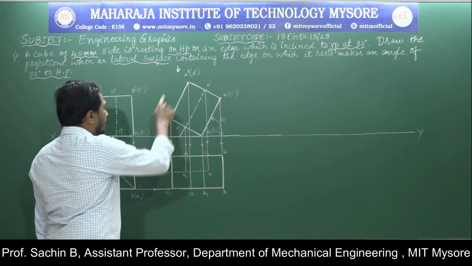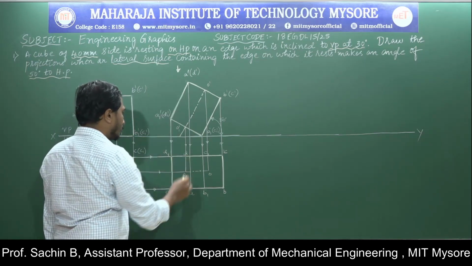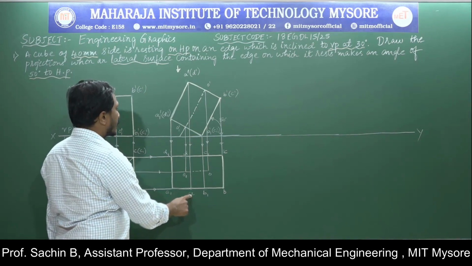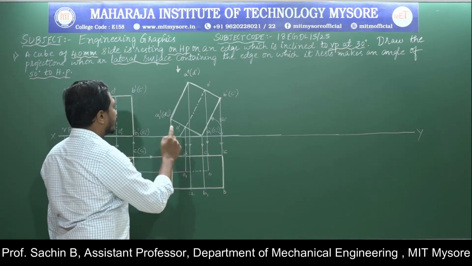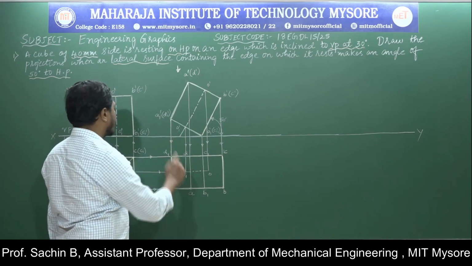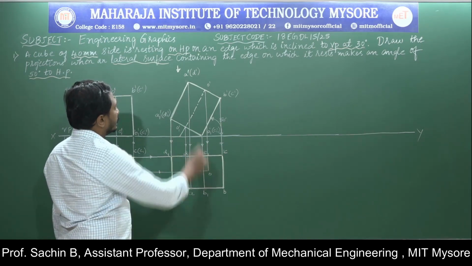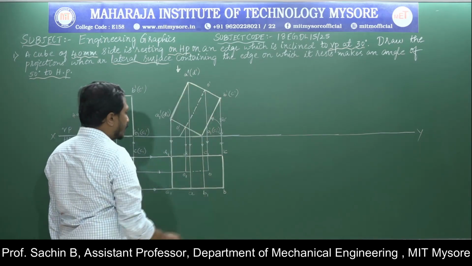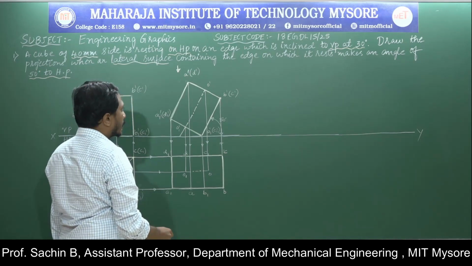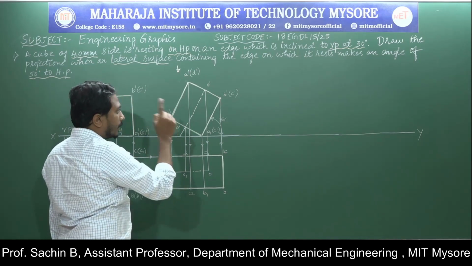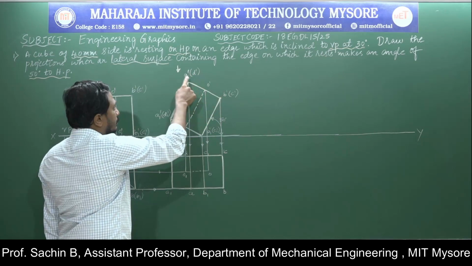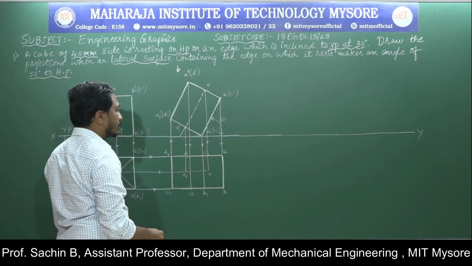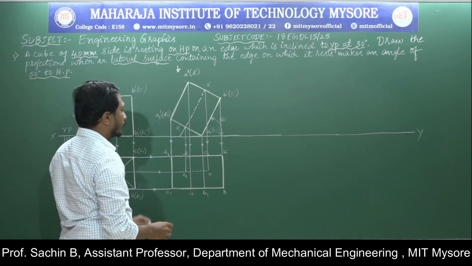According to it, A1 dash to A dash is clearly visible, D1 to D is clearly visible, and the topmost face, that is A dash to B dash, B dash to C dash and C dash to D dash. This top face is clearly visible for us because it is near to the observer.